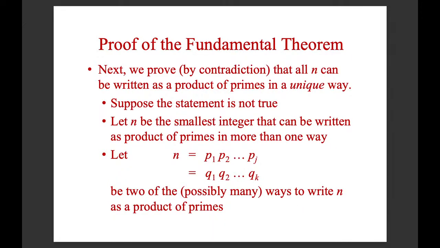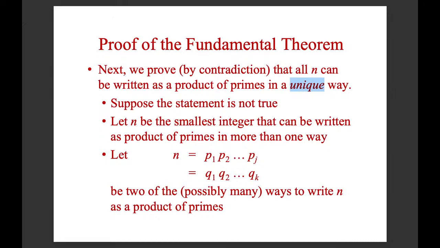Okay, now we want to show uniqueness. As we have mentioned before, uniqueness is usually shown by contradiction. If the theorem is not correct, that means for some n it can be written as a product of primes in different ways, not a unique way.